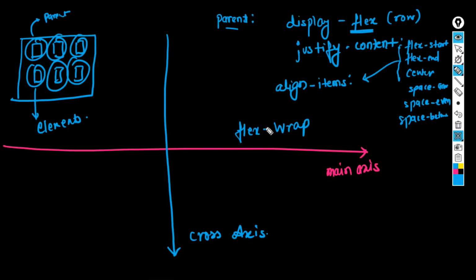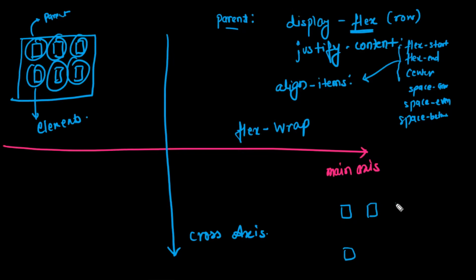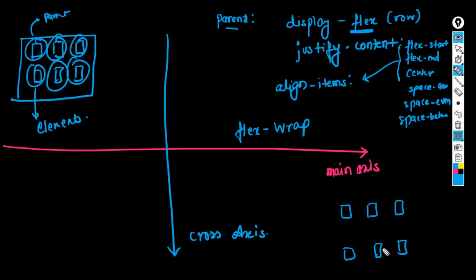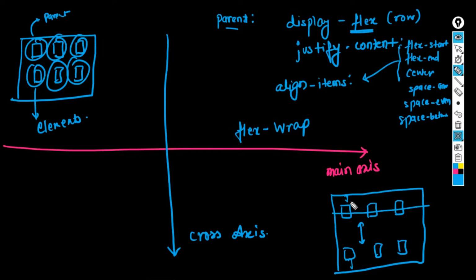Now what happens with flex wrap is that there is an uneven distance between these elements. Suppose this is your viewport. Here this distance is very small, but this distance is very big. Why does this happen? Because align items is only specific to these items.